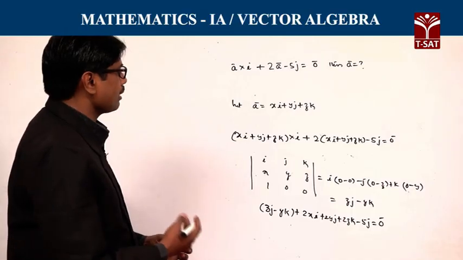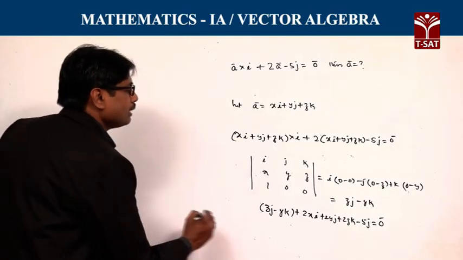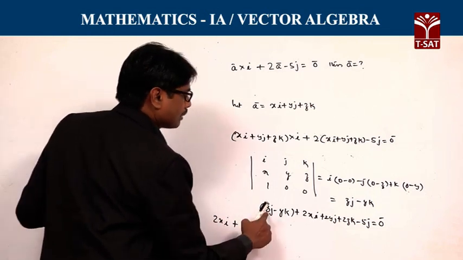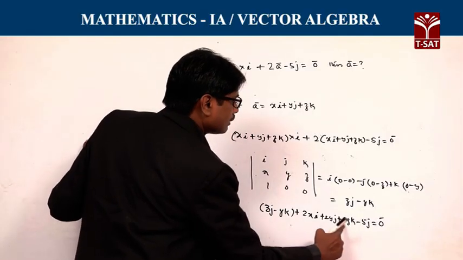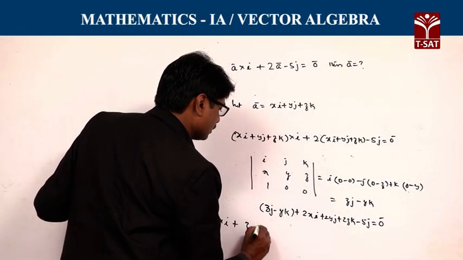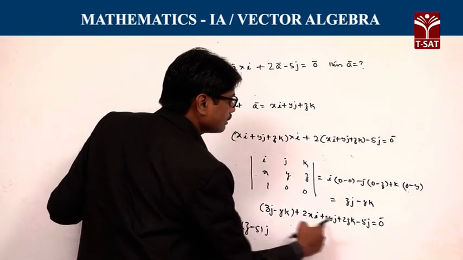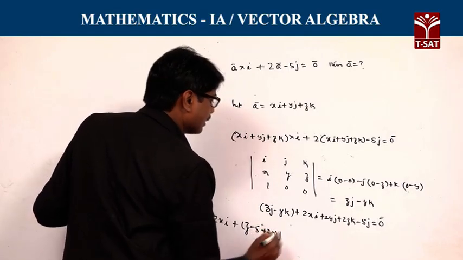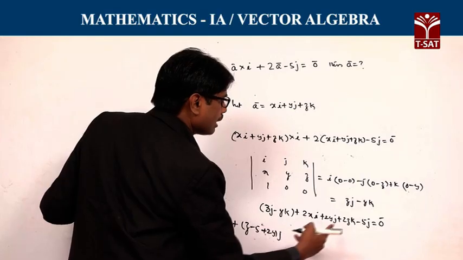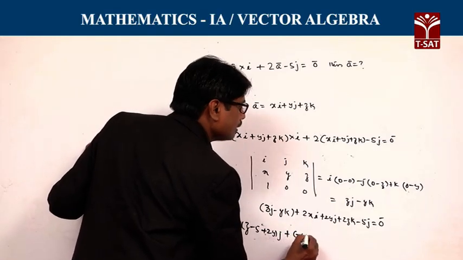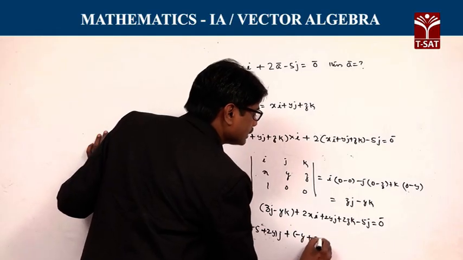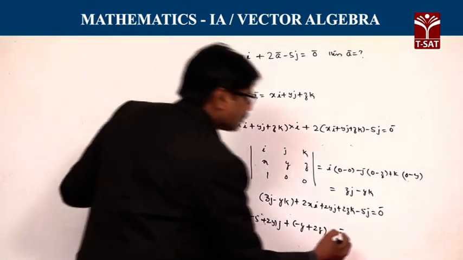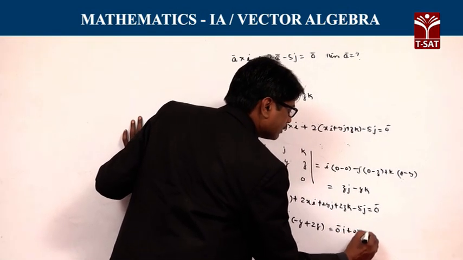Now separating component-wise in i bar, j bar, k bar, we get 2x times of i bar plus the j bar component, which is z minus 5 into j bar plus 2y times of j bar, and the k bar component will be minus y plus 2z, is equal to 0 bar. 0 bar can be written as 0 into i bar, 0 into j bar, 0 into k bar.